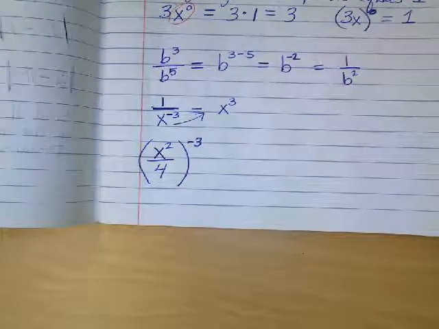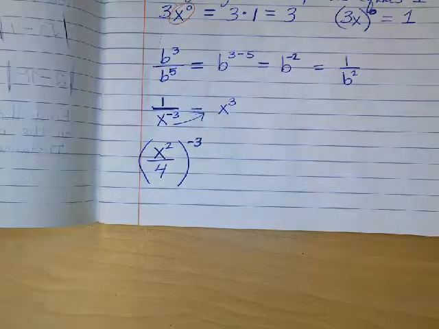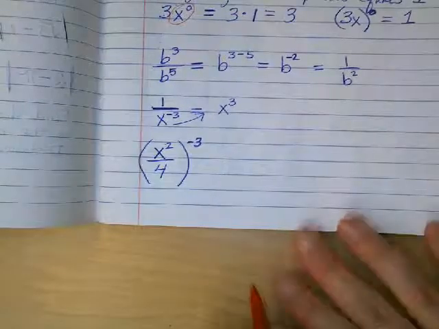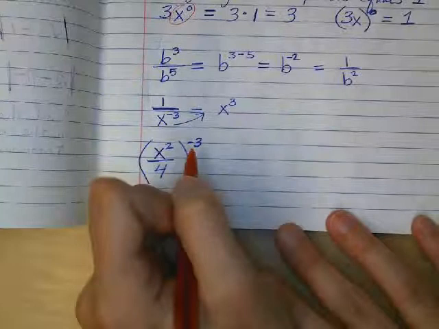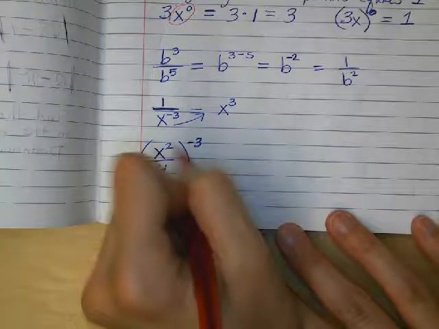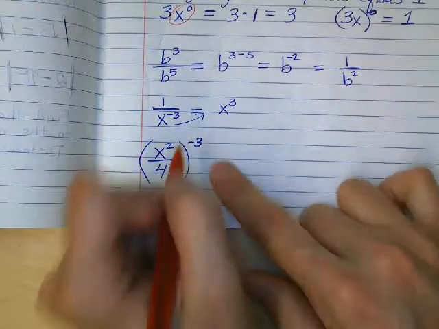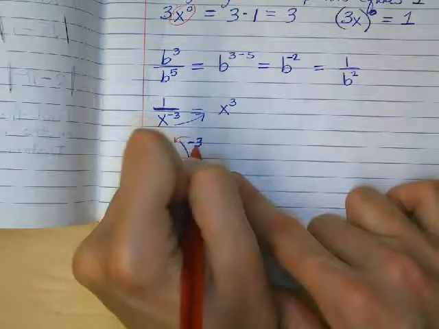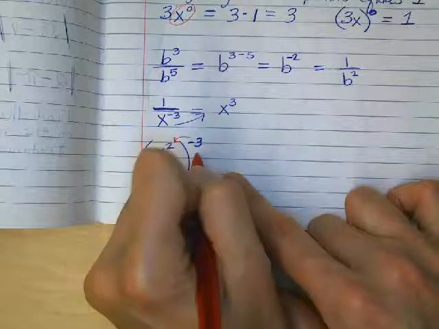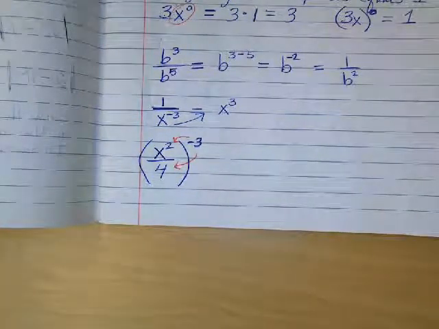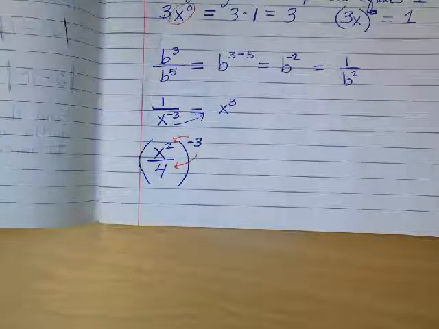It's a quotient, one of those divided ones, and it's raised to a power. You have to take the power of the numerator and you have to put the power in the denominator too.